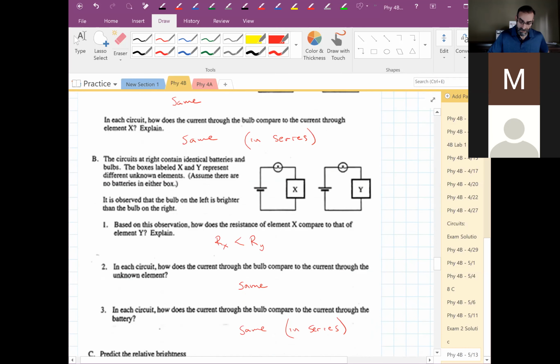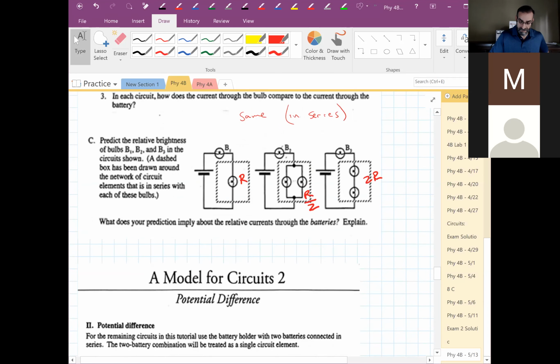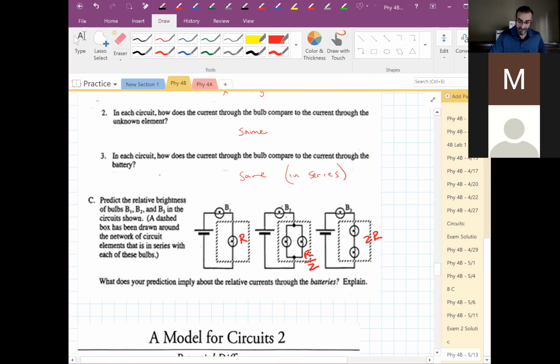Okay, so up here, remember, we said if this bulb was brighter, this resistance had to be less than the other one. So down here, we're just turning it around a little bit. We're saying, we know the resistance in the boxes, so tell me which one's going to be brighter. Well, whichever one has the smallest resistance has to be the brightest, right? That's what we concluded up here.